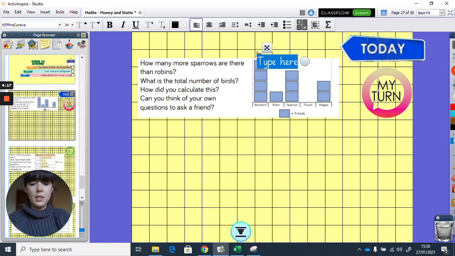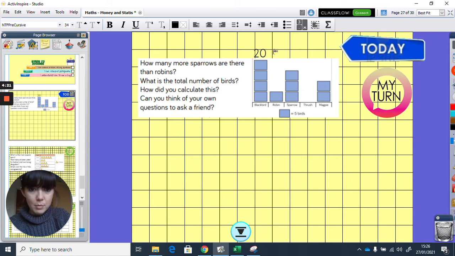That means there are 20 blackbirds seen in the garden. 5, which means there are only 5 robins seen in the garden. 5, 10, 15. That means there are 15 sparrows seen in the garden. How many do you think was here? None. No thrushes seen in the garden at all. And 5, 10 magpies were seen in the garden. Okay.